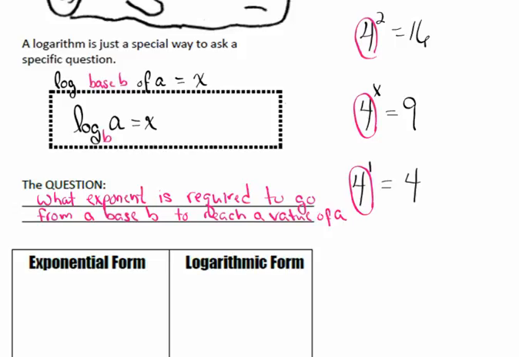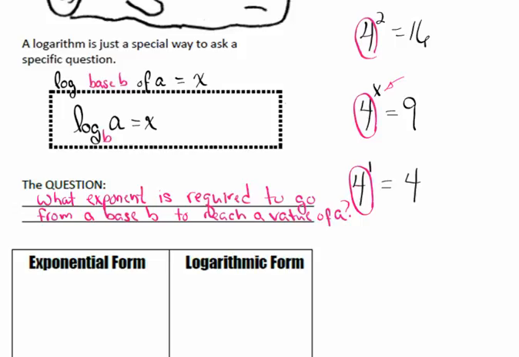That's what the question itself is asking. What exponent is required? Here's the questionable exponent. It's required to go from a base of b, in this case 4, to get the value of 9.